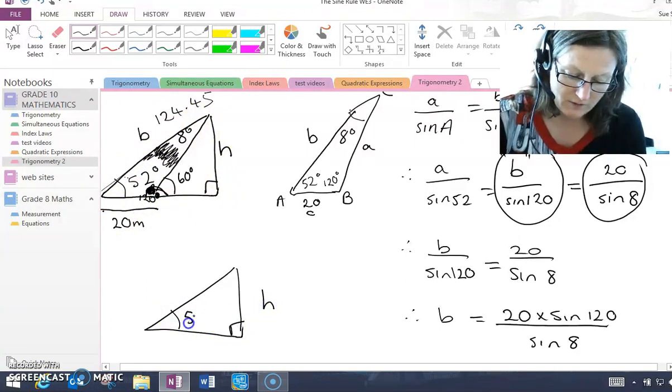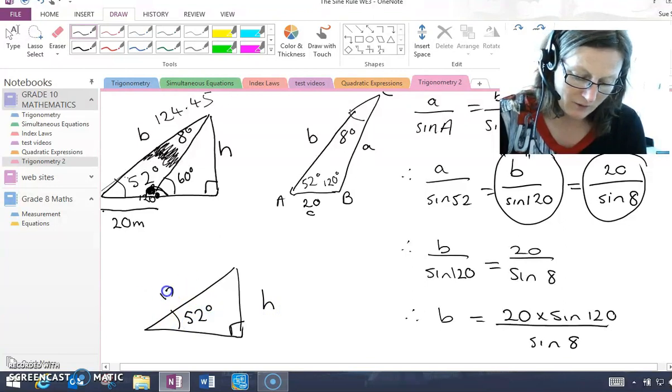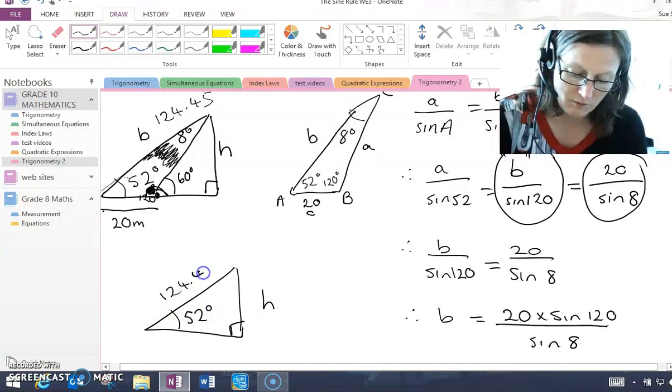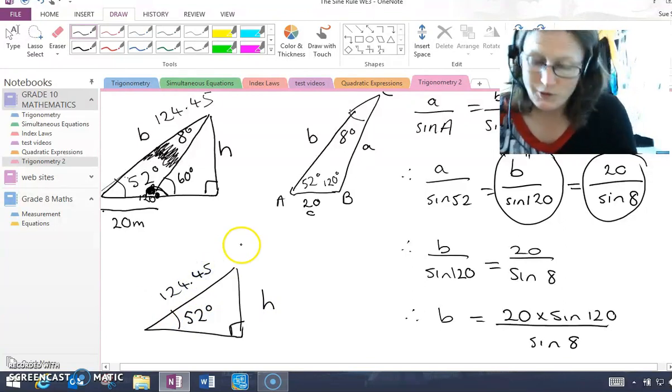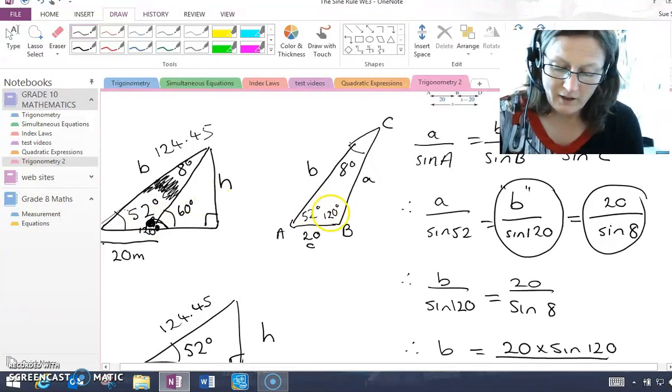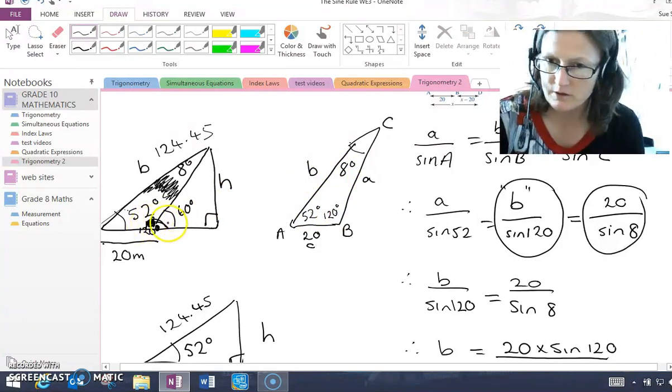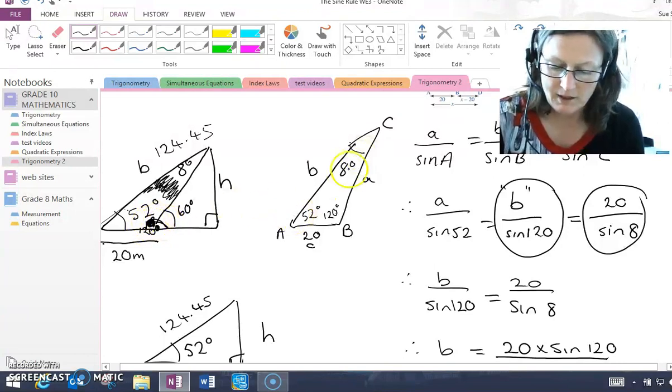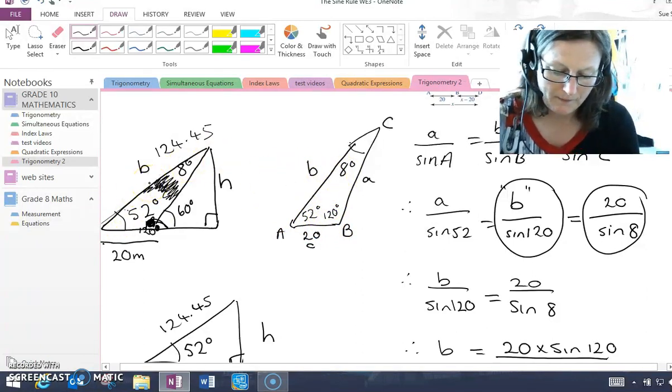We know that this is 52, and we now know this is 124.45. We did a few things to find that out, remember? We had to work out that this angle was 120, because that made a straight line. Then we worked out the angle sum of a triangle. We then used that information to find side B using the sine rule.